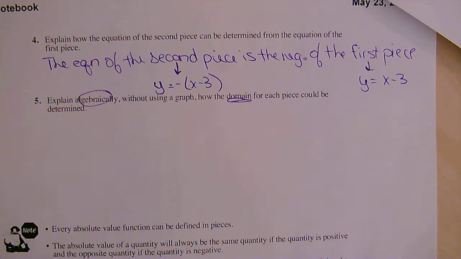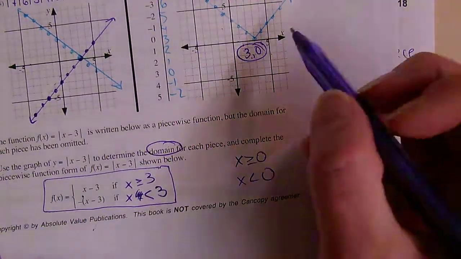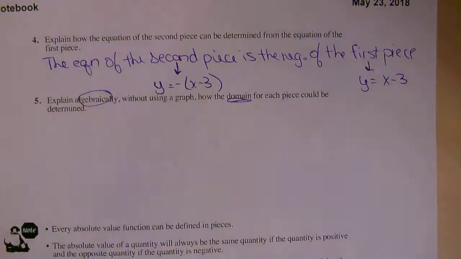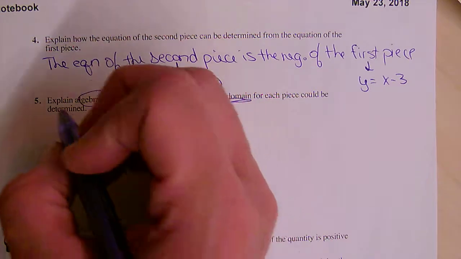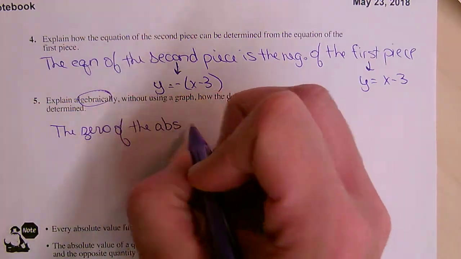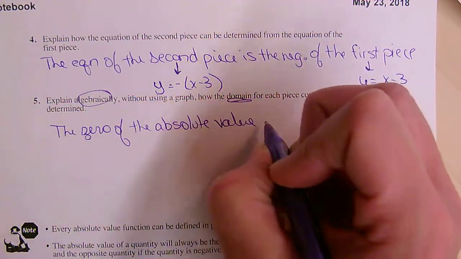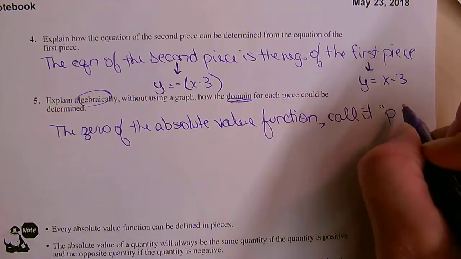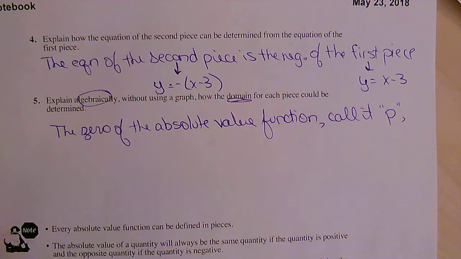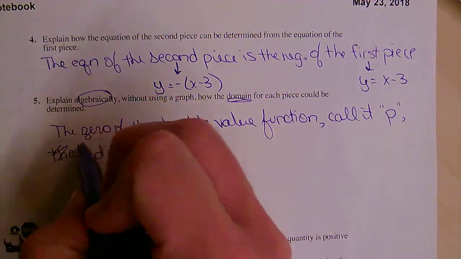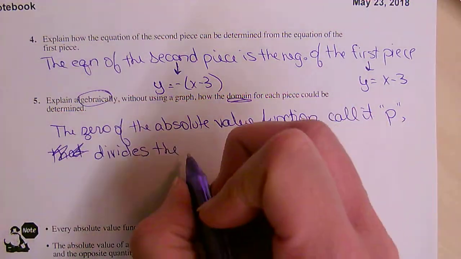Okay, so if you were to find the 0, or the x-intercept, of the absolute value function, and then let's just call it p, okay, that divides the absolute value function into 2 pieces.